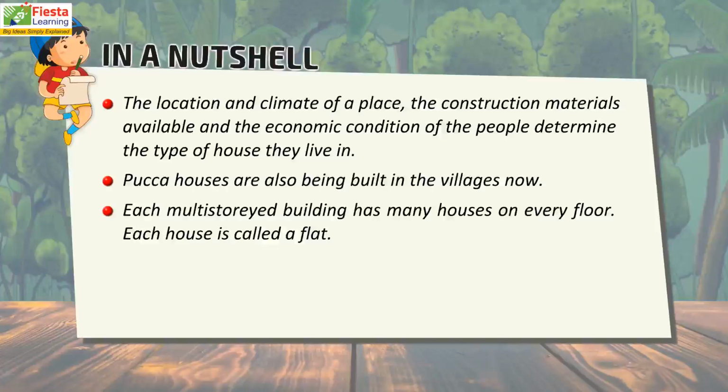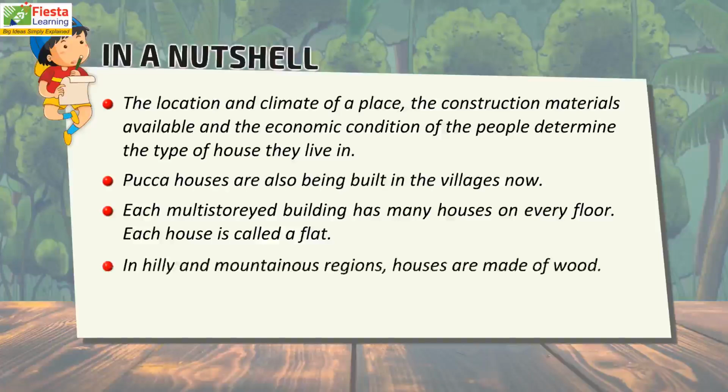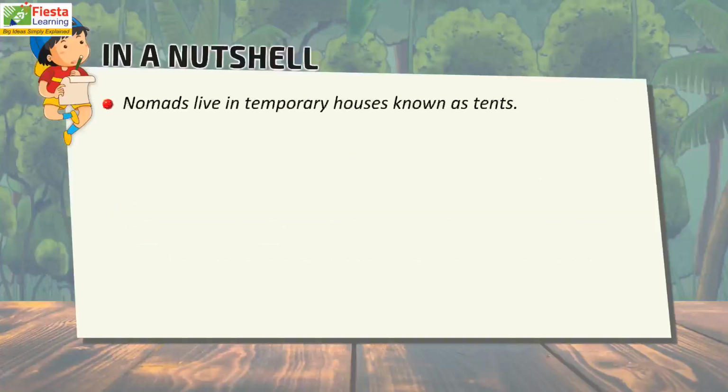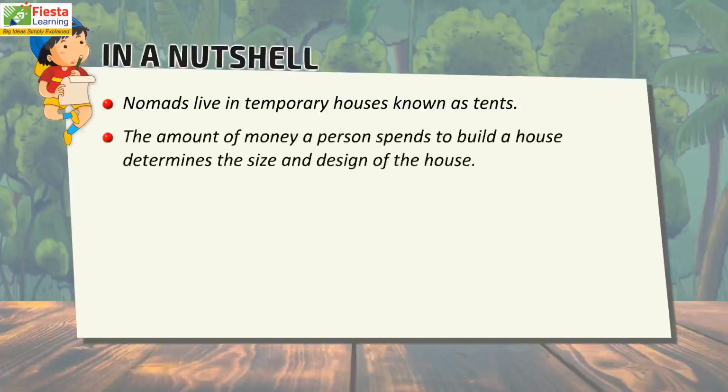Each house is called a flat. In hilly and mountainous regions, houses are made of wood. Nomads live in temporary houses known as tents. The amount of money a person spends to build a house determines the size and design of the house.